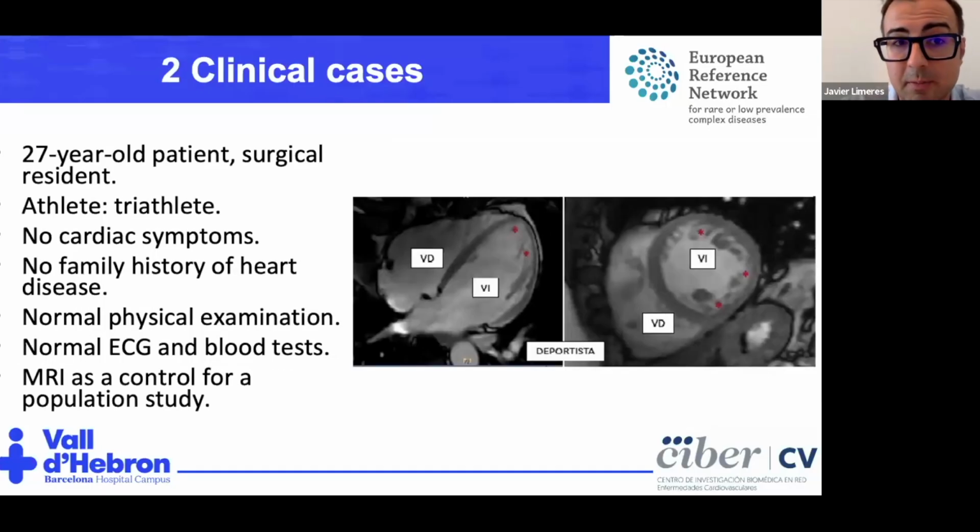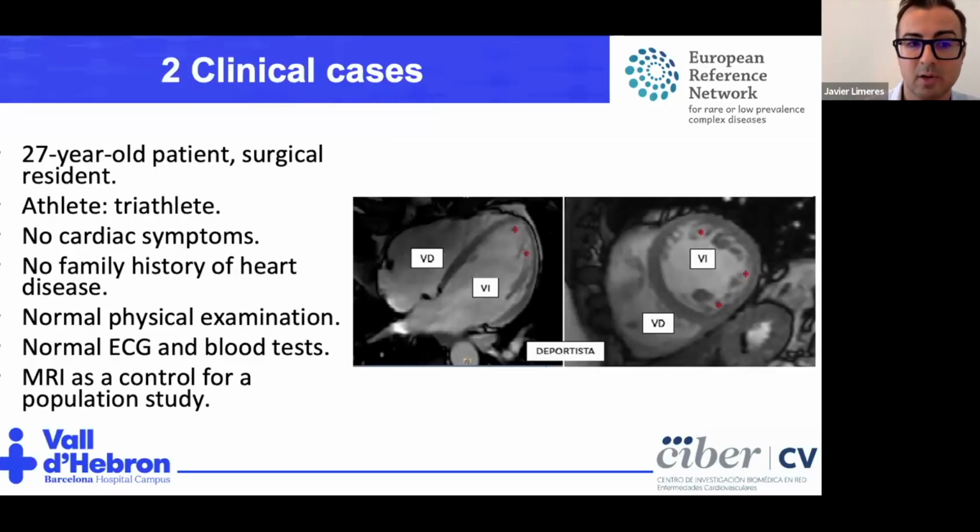And this is another case similar to the previous one, but the difference is that the previous case is a sedentary patient, and this is a very sportive patient. You can see perhaps more trabeculation in the left ventricle, but the rest of the exam is normal.